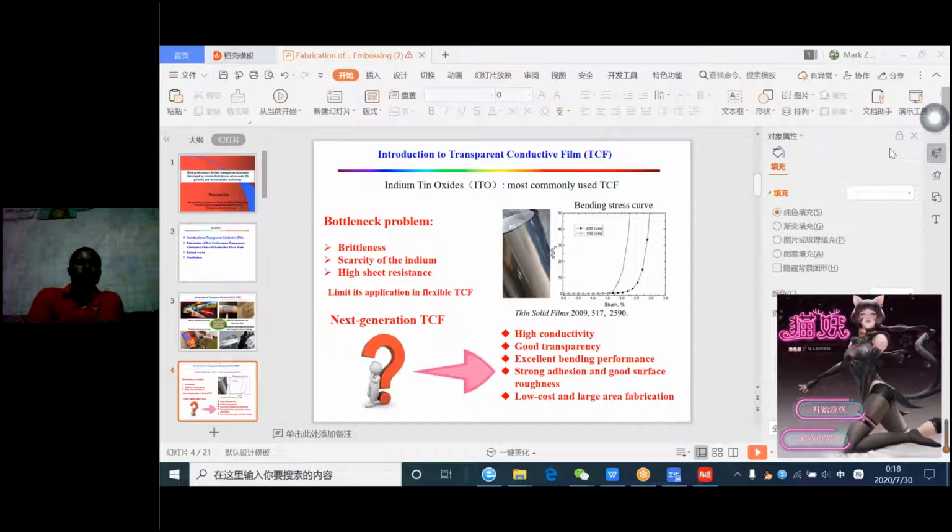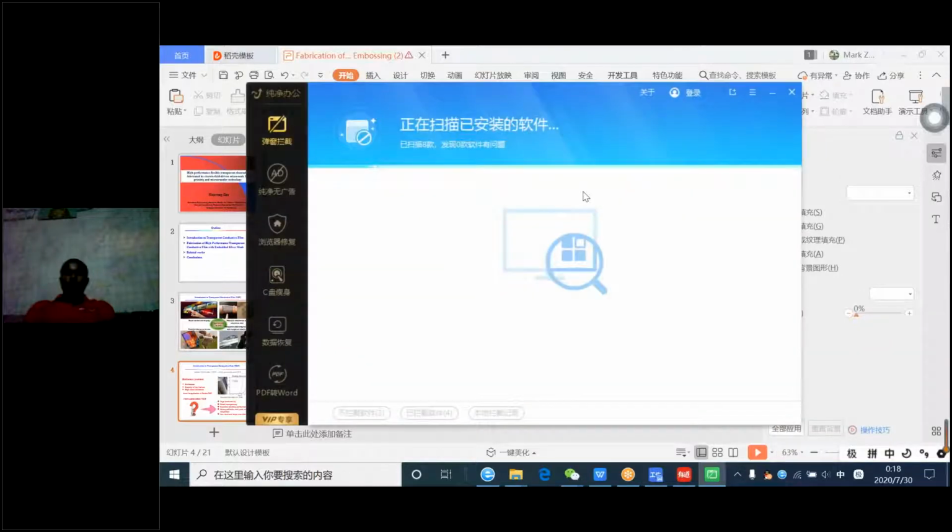As we know, several emerging materials have been studied to replace ITO, mainly including conductive polymers, carbon-based materials, metal nanowires, metal meshes.